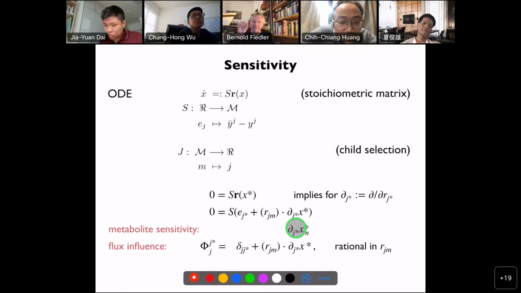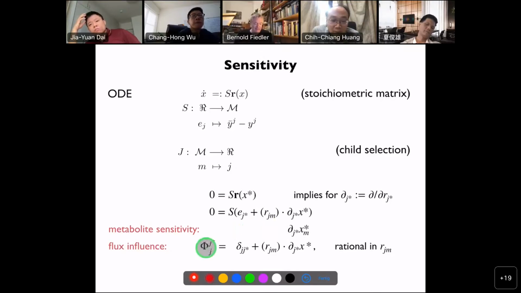How sensitive is this thing? How much does it change? For example, it might not change at all. So if I change a flow rate somewhere in my network, there may be some concentrations which are not affected by that at all. Nature wants to get some things very, very fixed, you know.